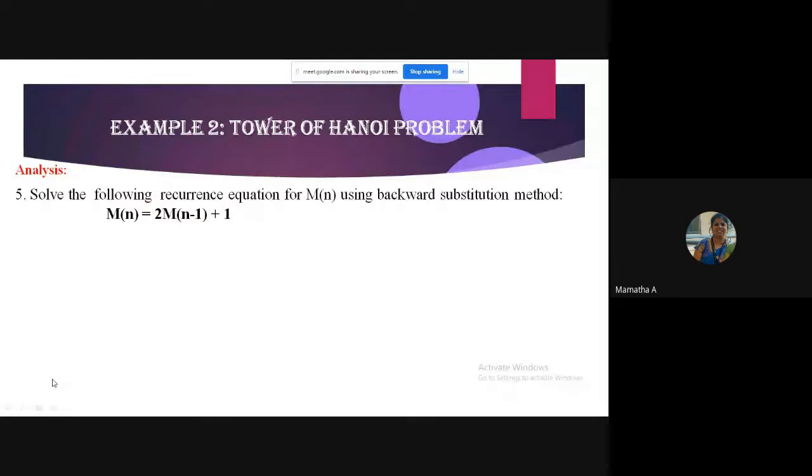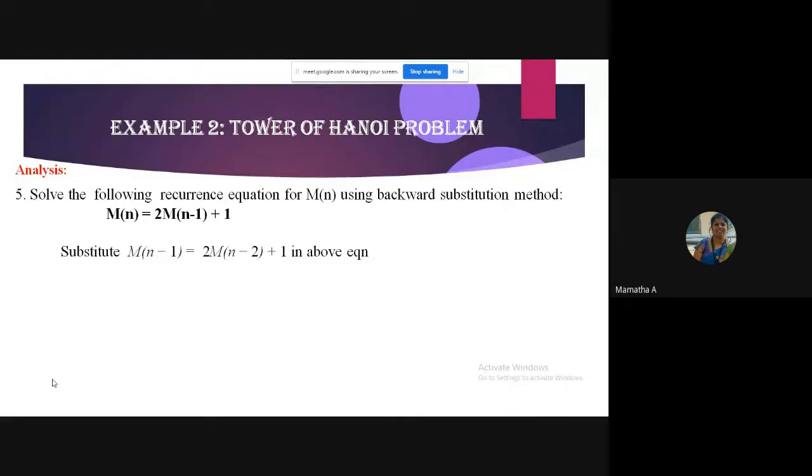So substitute m of n minus 1 as 2 times m of n minus 2 plus 1 in the above equation. Now, what will be my above equation when I substitute m of n minus 1?